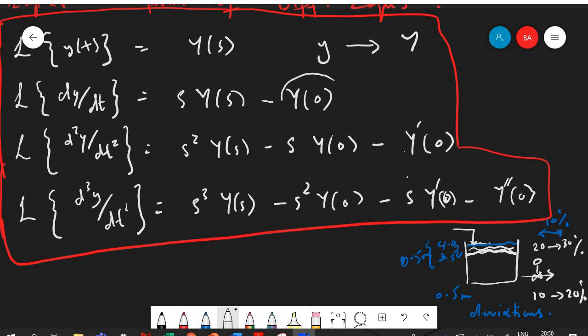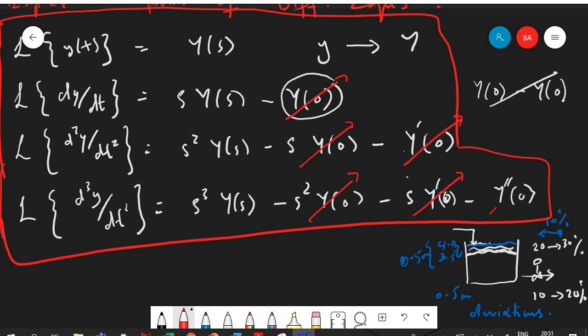For this term, if you put it in a deviation format, you're subtracting the initial condition from itself, which is the same value, so it will cut out into 0. And every initial condition minus the initial condition that it is sitting at will also be 0.